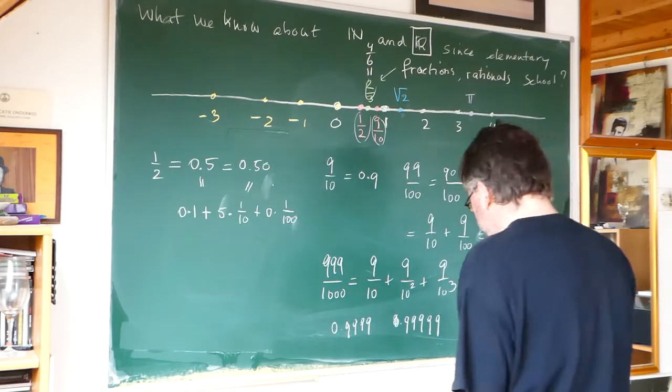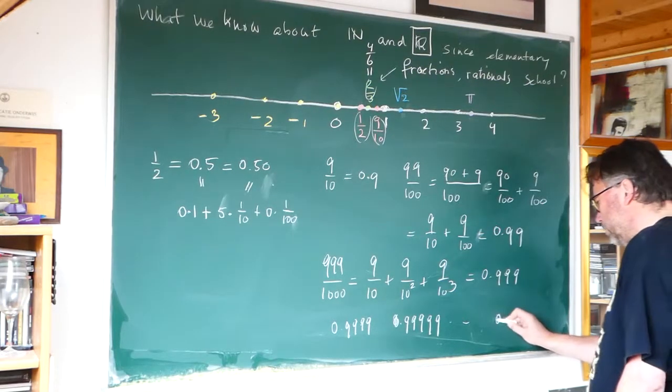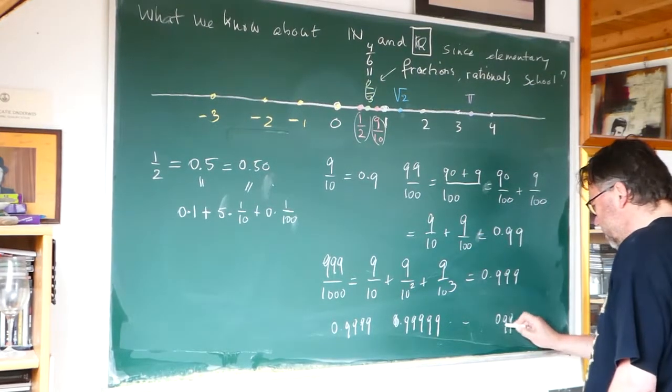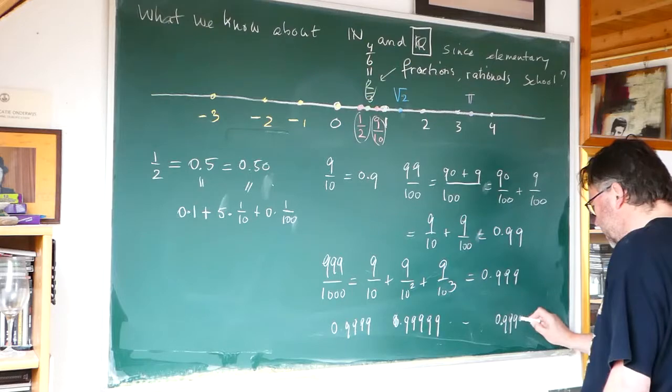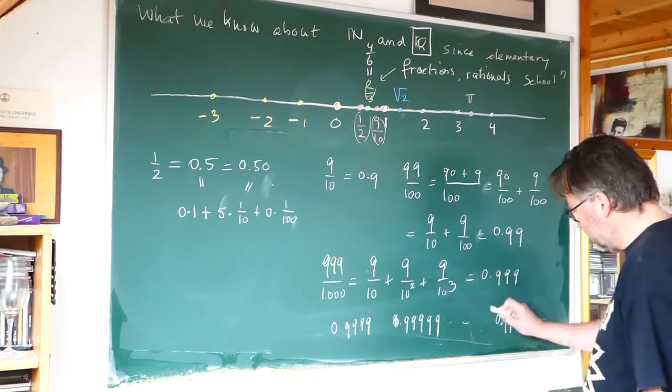Another number, etc. So do we also have to point 0.9999, where this is a never-ending sequence of 9s?